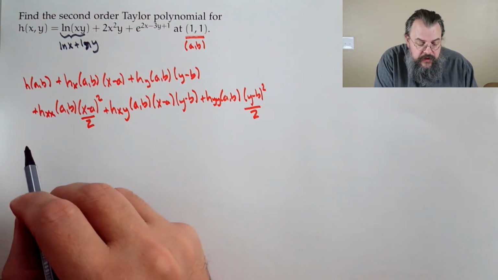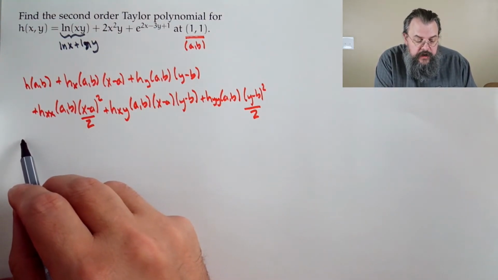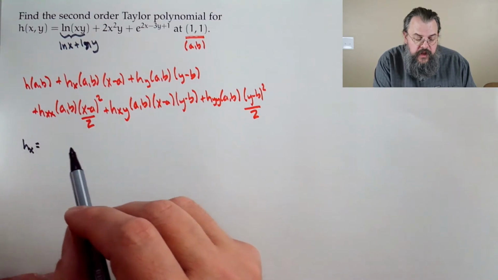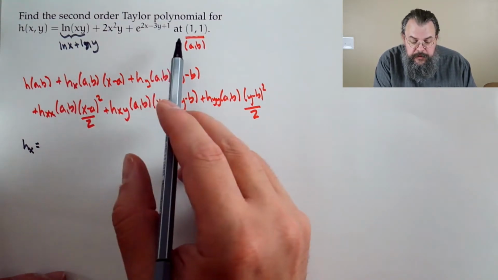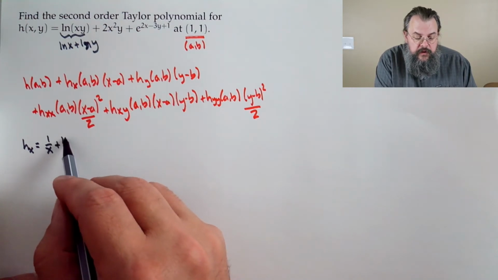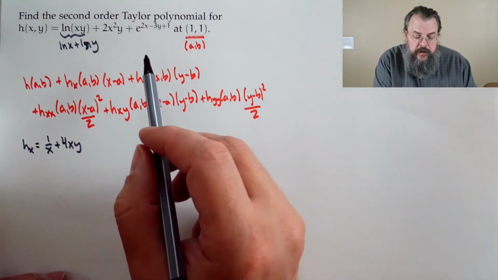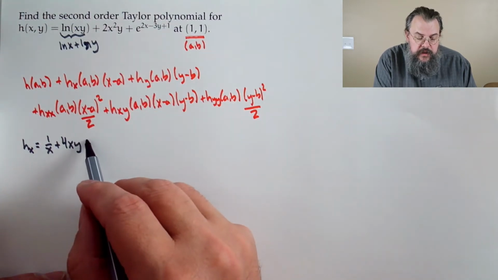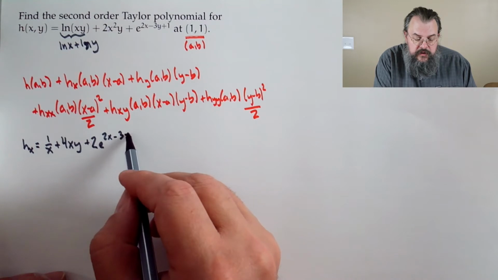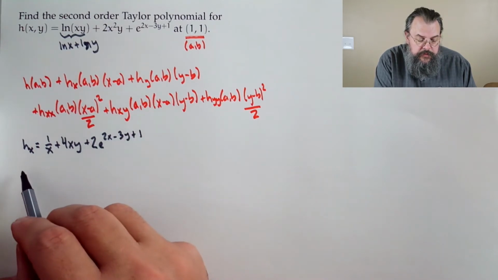Okay, so I'm going to take a look at our various derivatives. We have h sub x. All right, so taking derivative with respect to x, 1 over x plus 4xy. And here, a 2 comes down, plus 2 e to the 2x minus 3y plus 1.